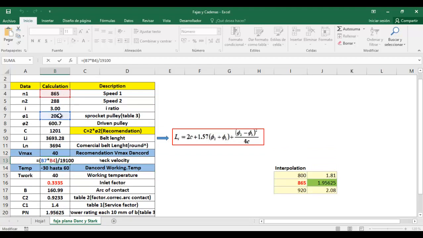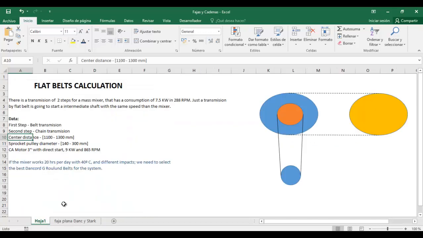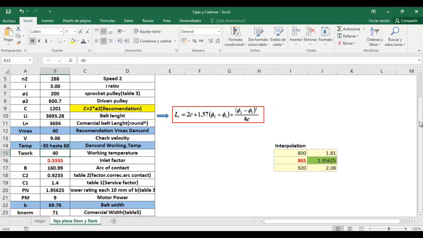You have the diameter, so you could also calculate the speed in meters per second if you want. This is something for the brand that you should know. The temperature range is minus 30 to 60 degrees, and ours is only 40 degrees. It's okay. Don't worry, we don't need too much.